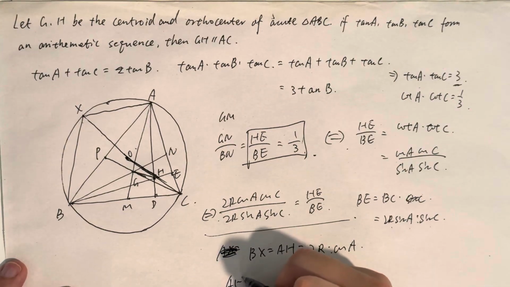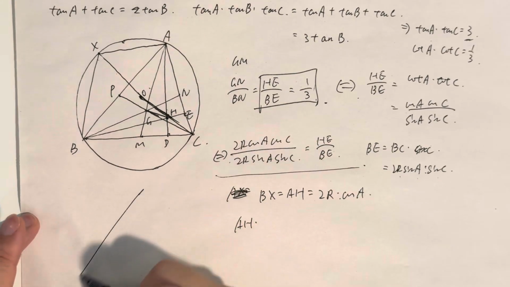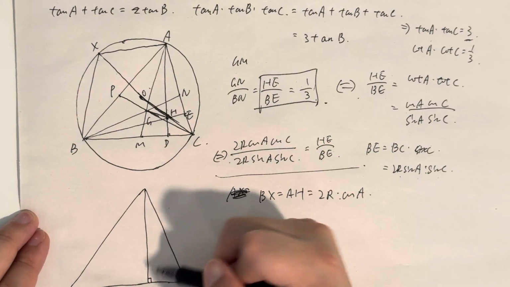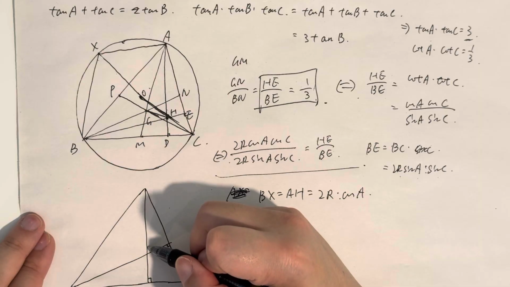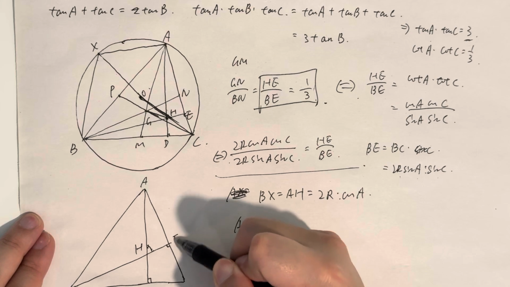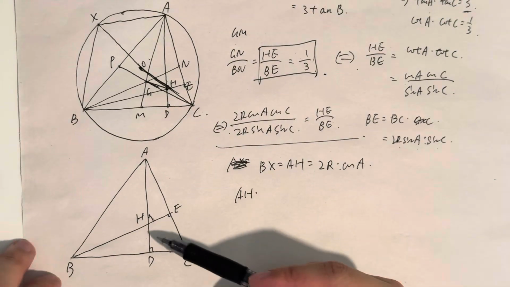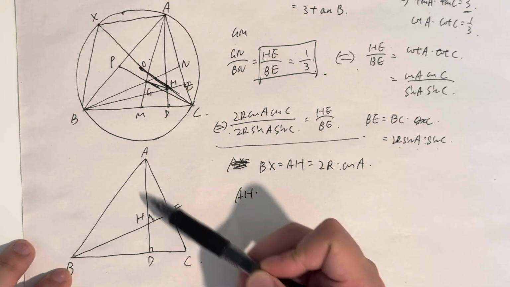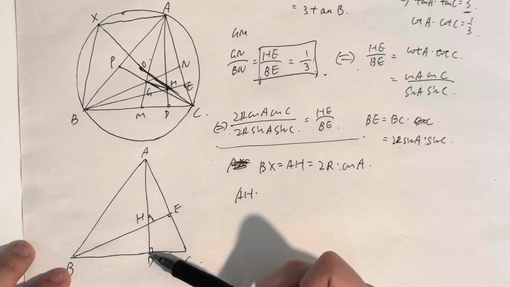Now let me redraw the figure here. Now look at this angle, the angle AHE. The angle AHE equals angle C, right? Because angle AHE plus angle DAE equals 90 degrees, and angle C plus angle DAE equals 90 degrees.